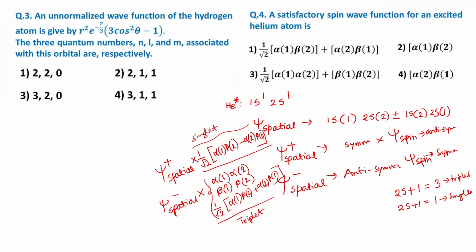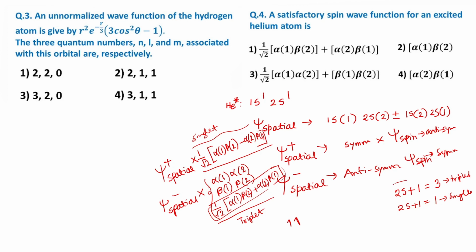So conventionally it is correct, because then 2s plus 1 would have been 1. But in this case, alpha 1 alpha 2, beta 1 beta 2, and for this third case alpha beta, both having different spin.